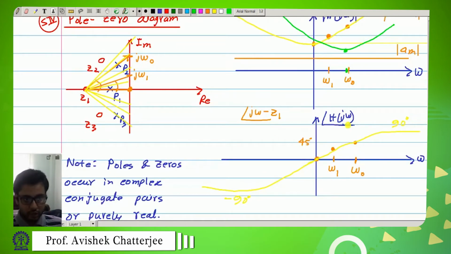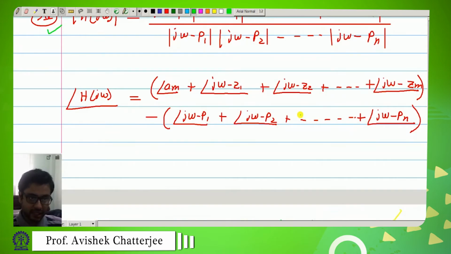Okay. So this was for the angle of j omega minus z1. Then after that, suppose we want the angle of j omega minus z2. That is the next term here.